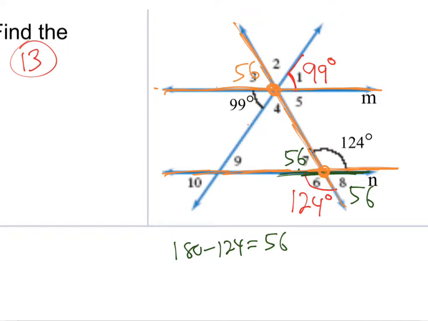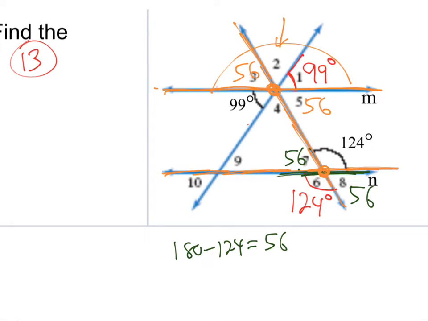Good job. And once we have that, it's like an avalanche. It all falls apart for us, right? How can we get, for example, angle 2? The 180 total thing, right? These three have to make 180 because they're the top of a straight line. So whatever 180 minus that is. Once we have the 56, we know this one's 56 because it's diagonal. Oh, wait a minute. Hold on.